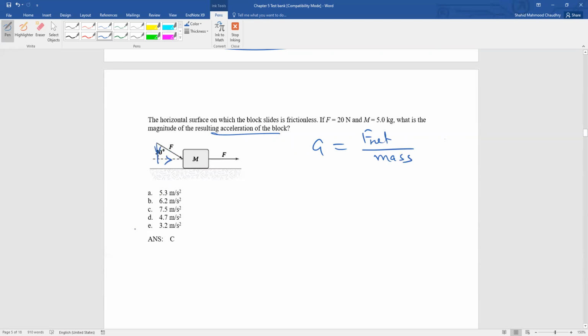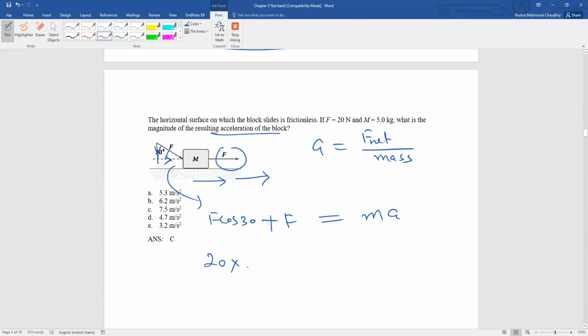This component is F cos of 30 because here the angle is 30 degrees. So you can write the equation: F cos of 30 plus this force, which is in the same direction, is equal to the net force, which means ma.